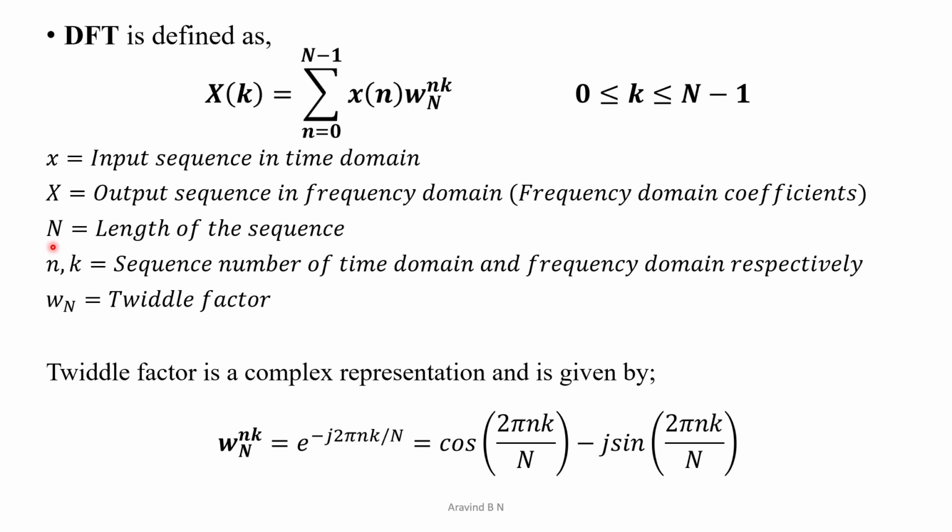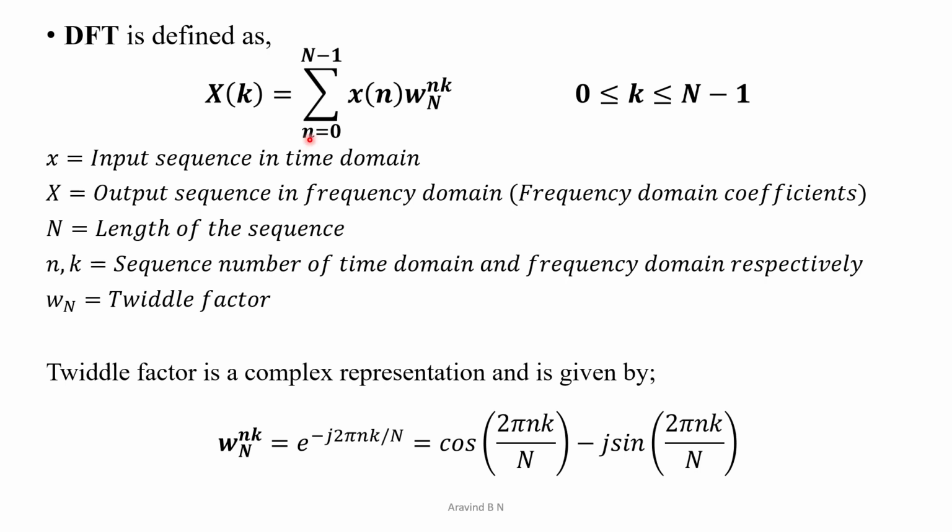Small letter n and small letter k are the sequence numbers of the time domain and the frequency domain respectively. So this is the time domain signal, and the summation is running with respect to small letter n.